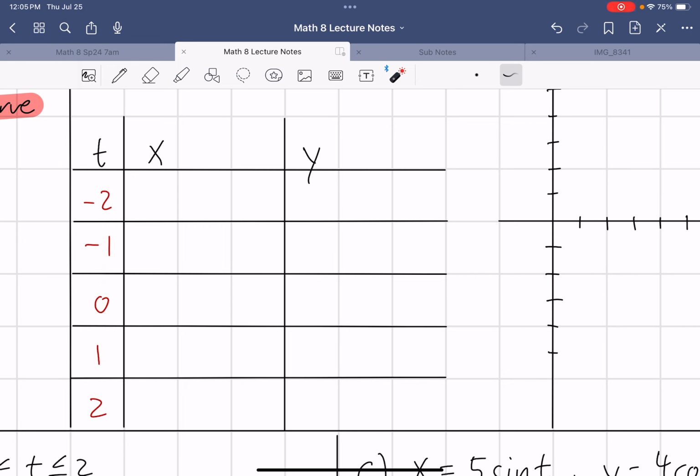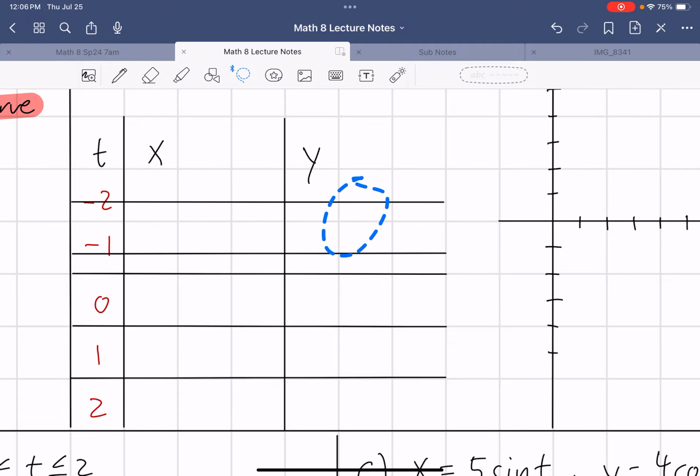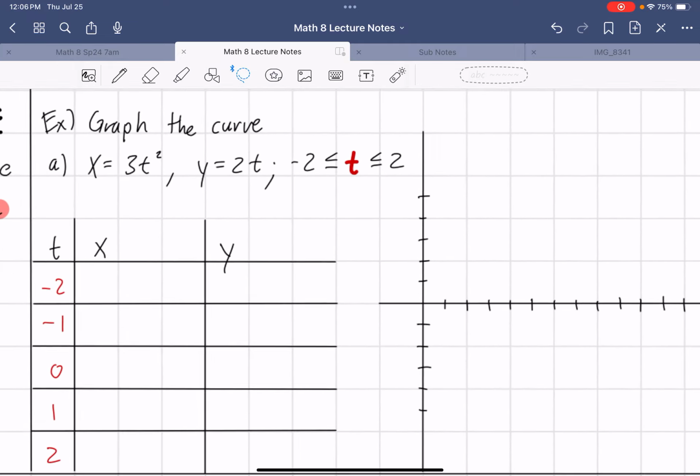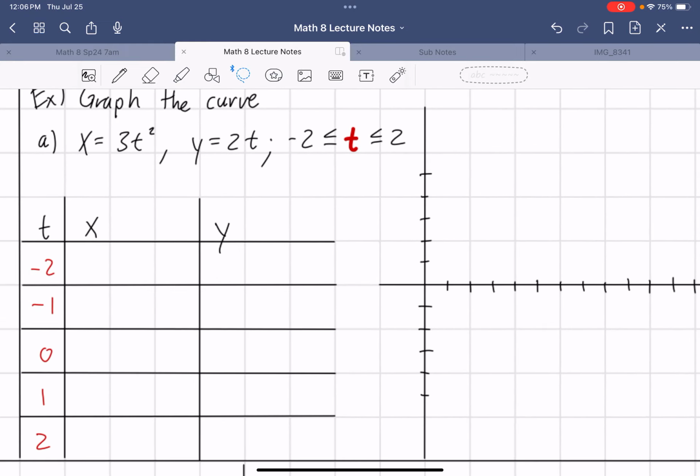But the rest from here is what you've done before. What do I mean by that? It's how we did in algebra, right? You would take this value and you plug it into your equation. But right now we're going to plug it into this equation for x.